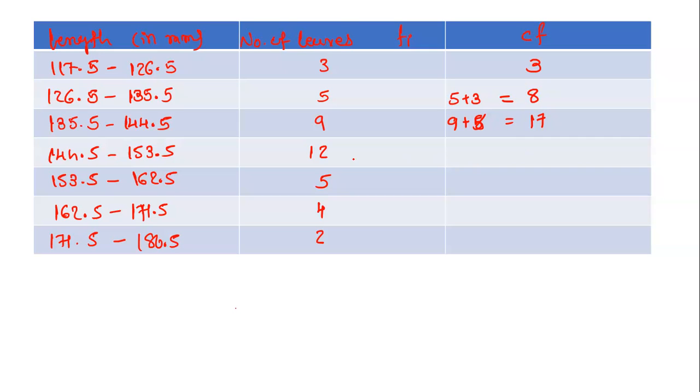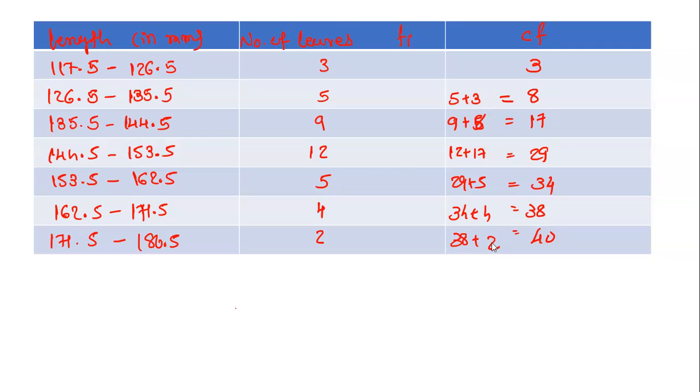So I will write down 12 plus 17, so 29, as well as 34, 38, and 40. Last one, 38 plus 2 is 40. So this is how it comes: 12 plus 17, 29 plus 5, 34 plus 4, and 38 plus 2.